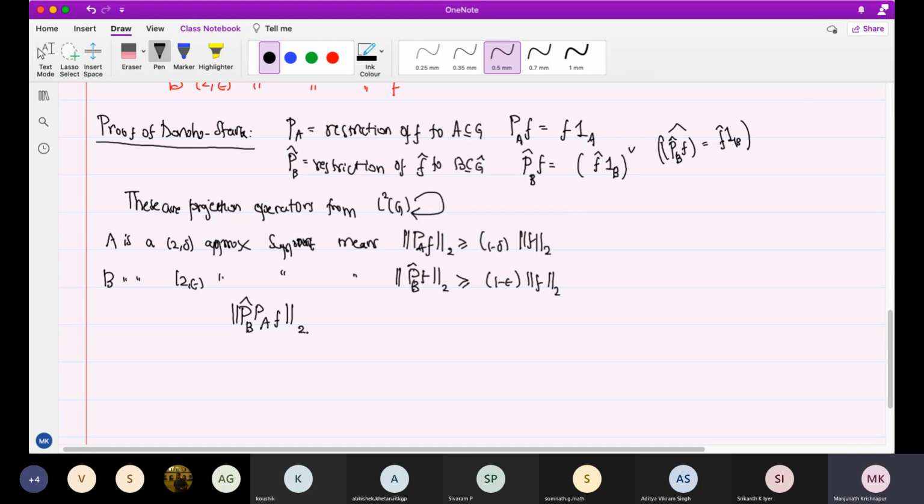We can write a lower bound for that. What lower bound can I write for that? So we can write this as PB hat F, 2 minus... so I just wrote PAF as F minus I minus PAF.